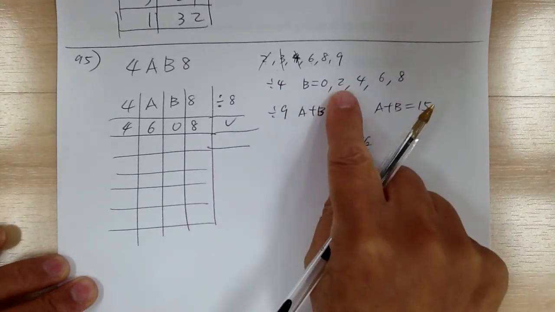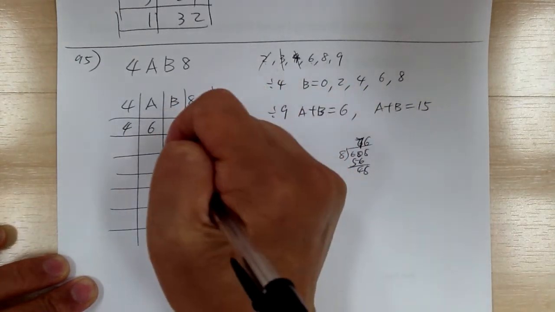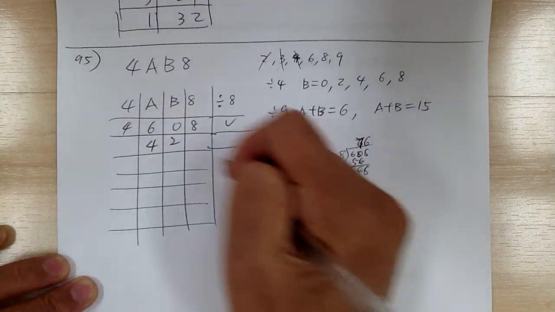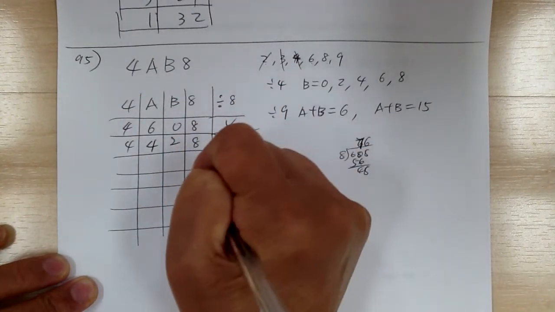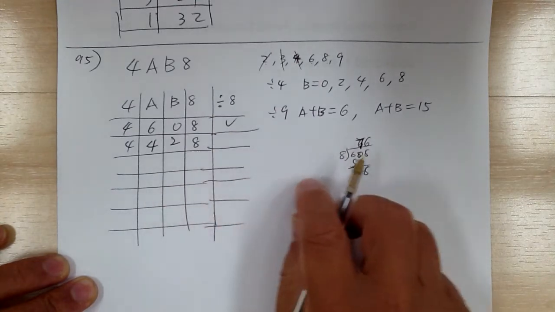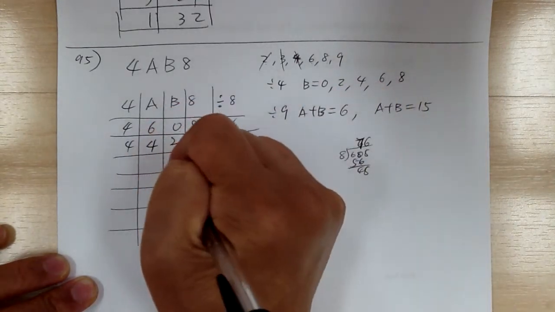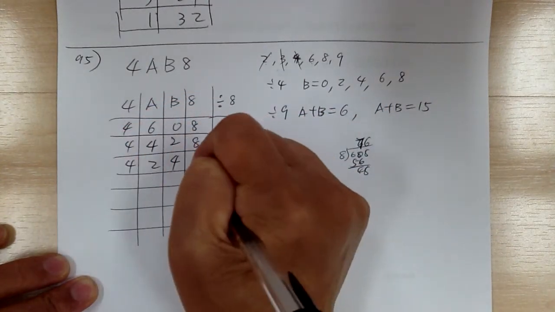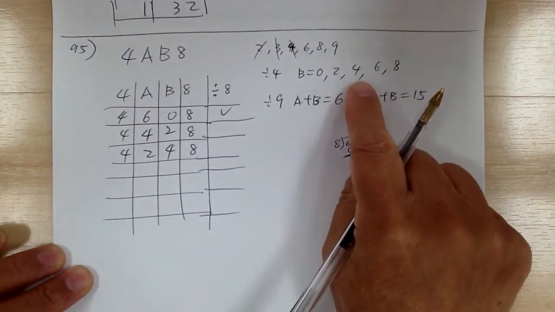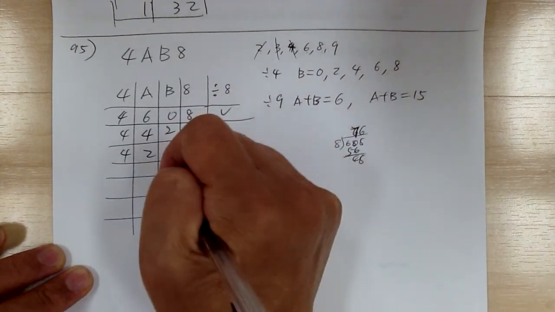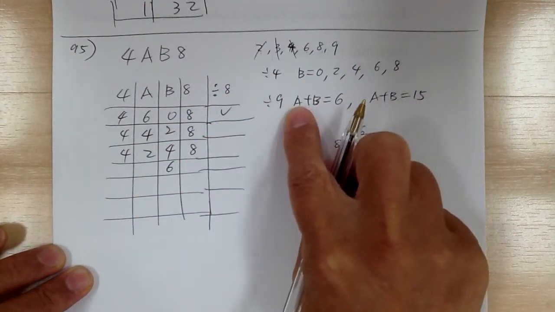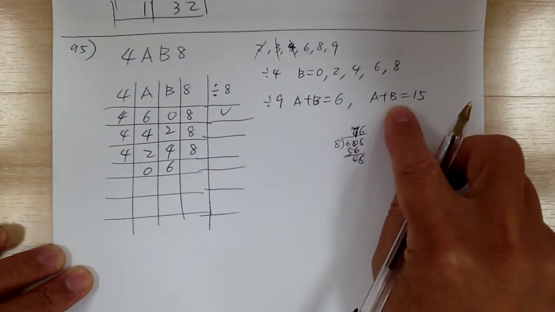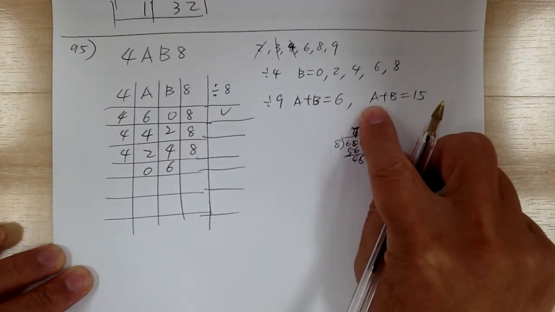So we just continue. When b equals 2, a equals 4. We can do all the checking there, but let's get all the numbers first. When b equals 4, a equals 2. When b equals 6, a will equal 0, but also a can equal 9.